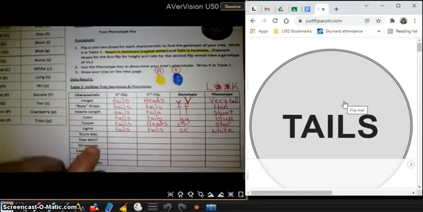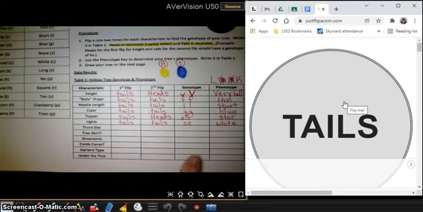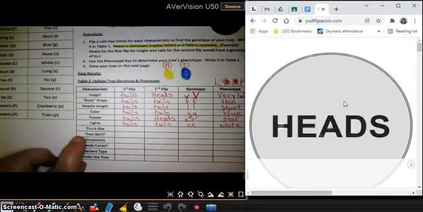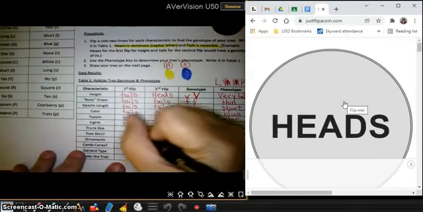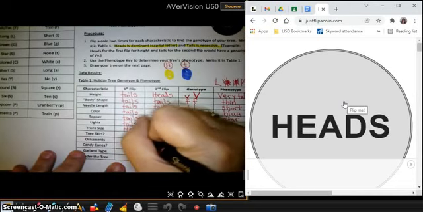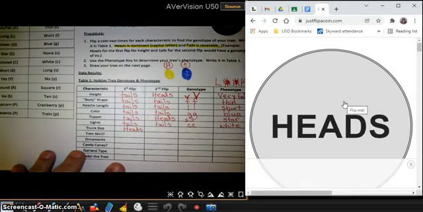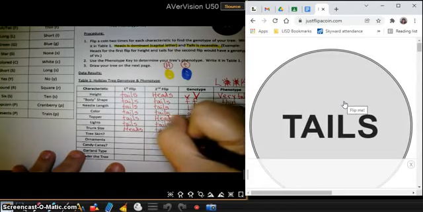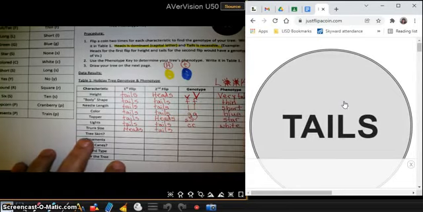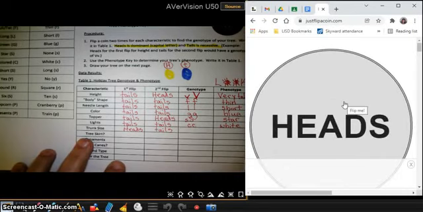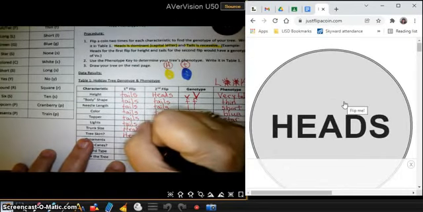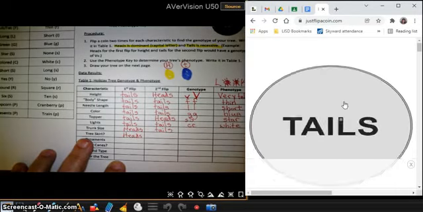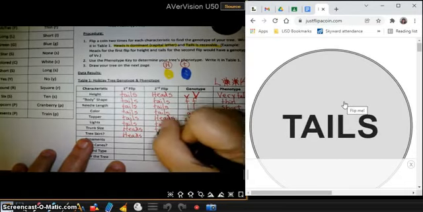Now, the rest of these, I'm just going to do the flip. You're going to do the genotype and the phenotype. So for trunk size, we get heads and tails. For having a tree skirt or not, heads and tails.